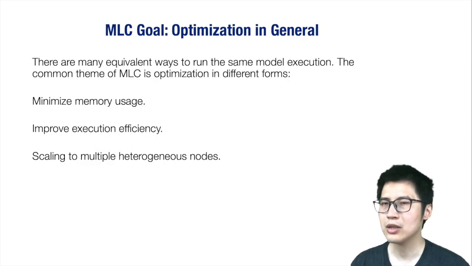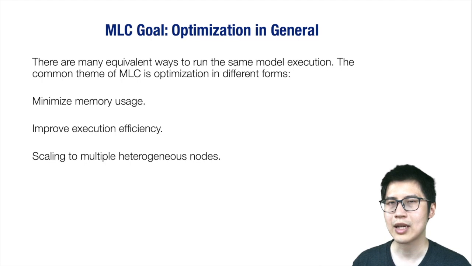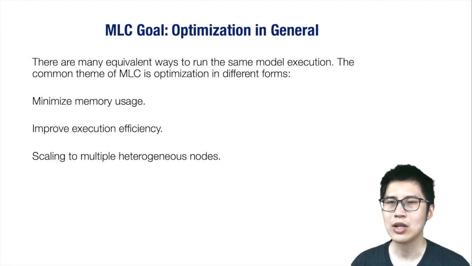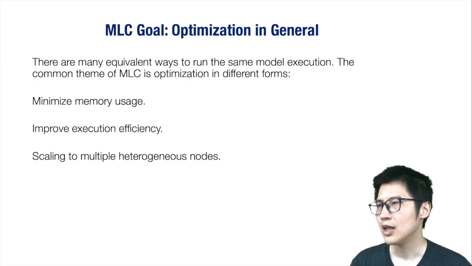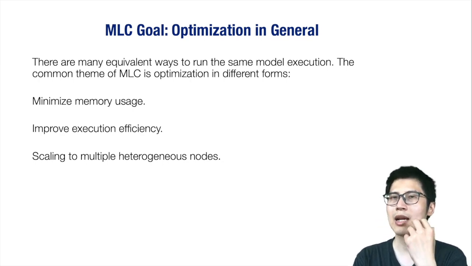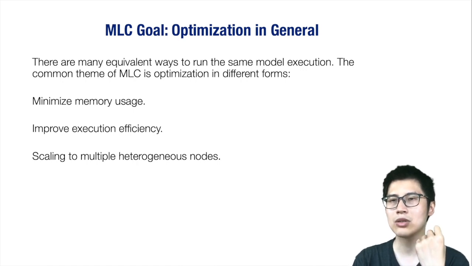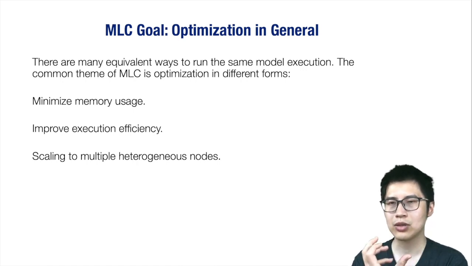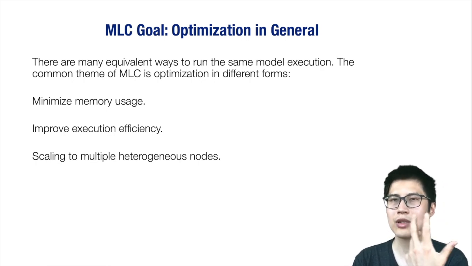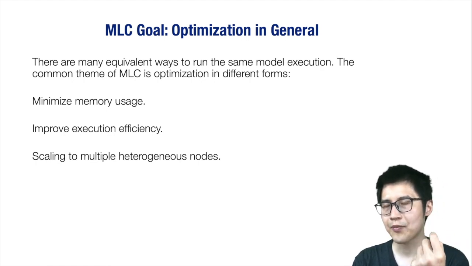Of course, in general, our third goal that summarizes everything else is that we are interested in optimization in general. In terms of one machine learning model, you may have noticed that there are many ways that we can use to run the same model executions, but each way may come with different execution efficiencies.